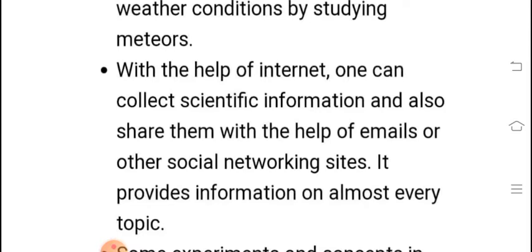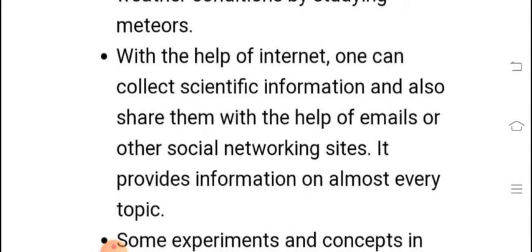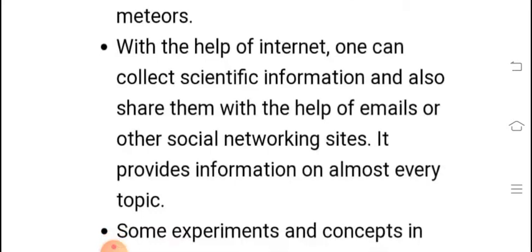It provides information on almost every topic. Obviously, if your teacher gives you a topic to search, or a practical, or anything else related to science or your scientists, then all this information we are going to search on the internet. So the internet helps us in science and technology also.